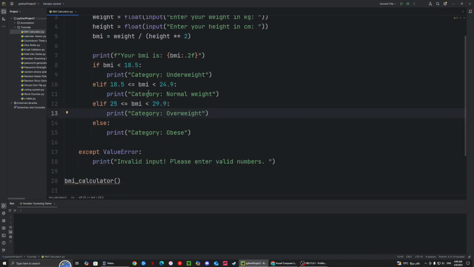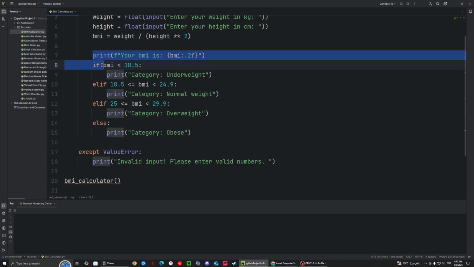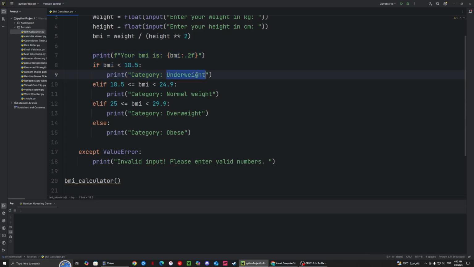So let's backtrack a little bit. First we want to print your BMI is, and then what your BMI is with two floating point numbers, and then if the BMI is under 18.5, we want to print category of underweight. So if it's anything under 18.5, you're underweight.